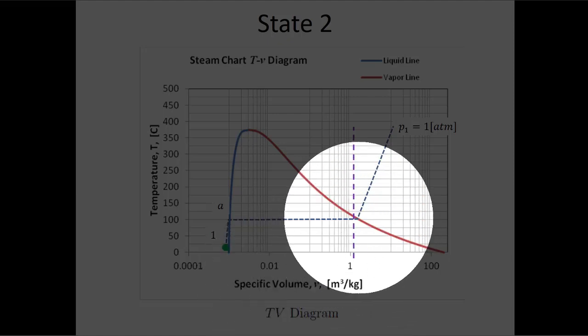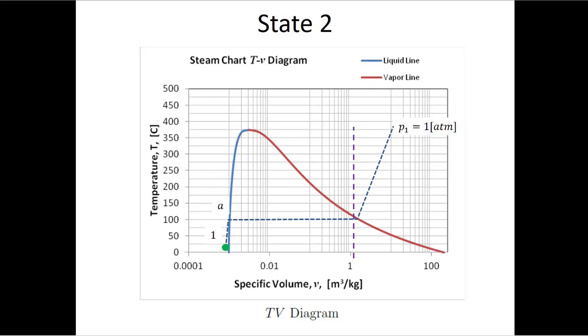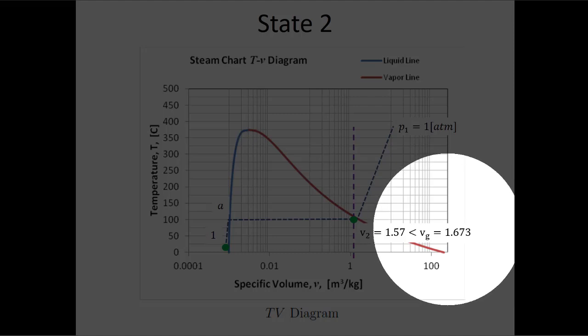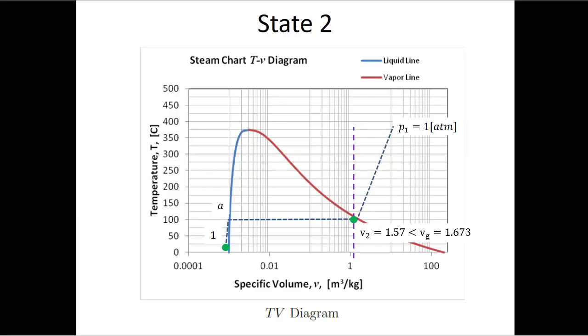So what I want to know is where is the specific volume at 100 degrees where we have saturated vapor. So I look on my 2-phase graph, and I would see that Vg, so the specific volume of a saturated vapor at 100 degrees Celsius, is 1.673 meters cubed per kilogram.